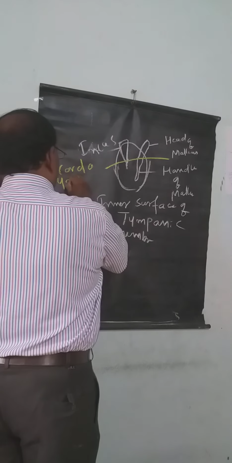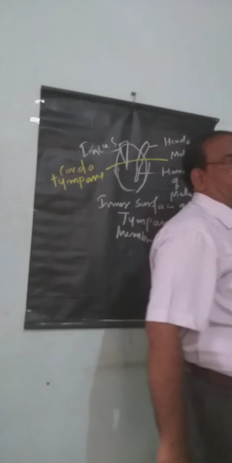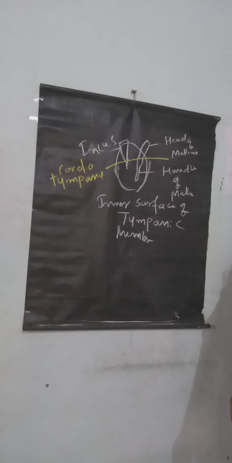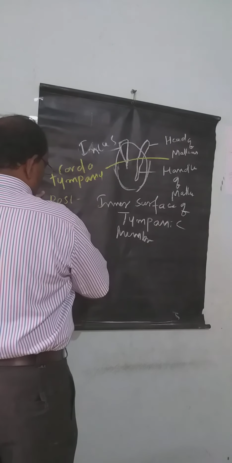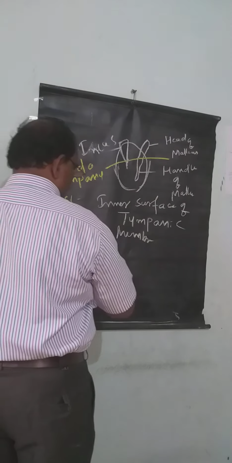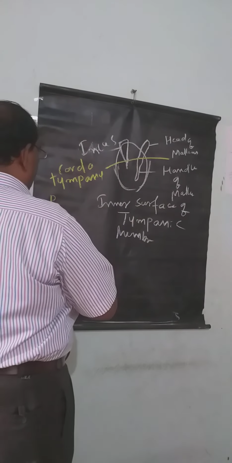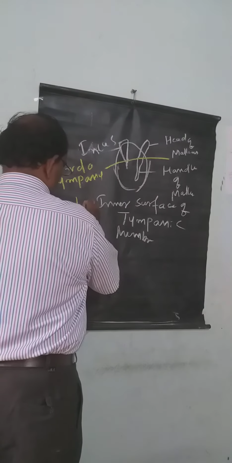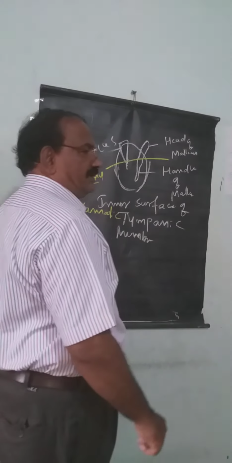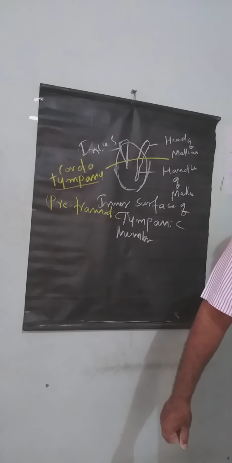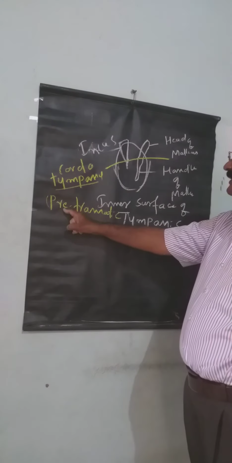Chorda tympani is a branch of the facial nerve, which is pre-trematic. Sorry, lingual is post-trematic; chorda tympani is pre-trematic. The facial nerve is the nerve of the second arch.